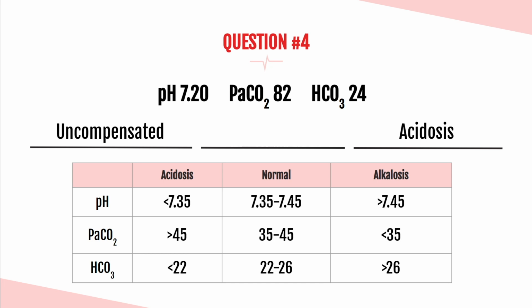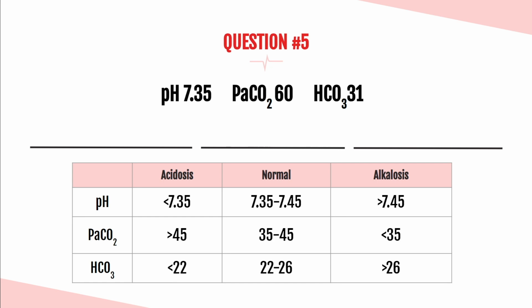Is it the carbon dioxide or is it the bicarb that's acidic? It is absolutely the carbon dioxide. Remember, carbon dioxide is an acid and we have so much of it here. This is going to be a respiratory issue in this case. Our bicarb is normal, so we look good. So we have an uncompensated respiratory acidosis.